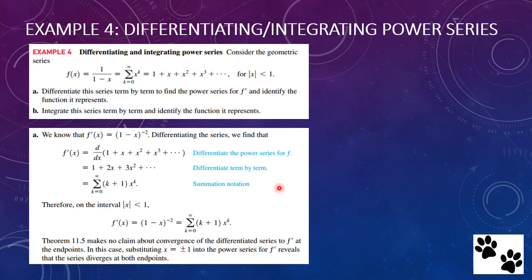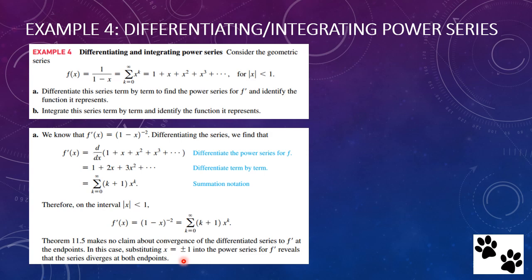Remember that the derivative of the series only converges for values of x in the interval of convergence as well. In this case, substituting x equals plus or minus 1 into the new power series reveals that this series diverges at the endpoints.